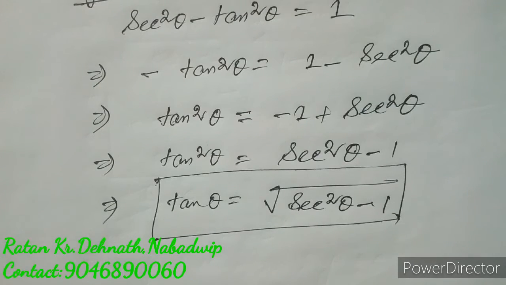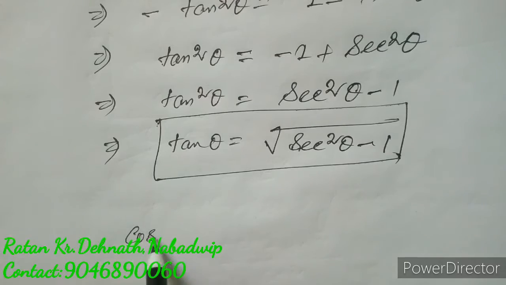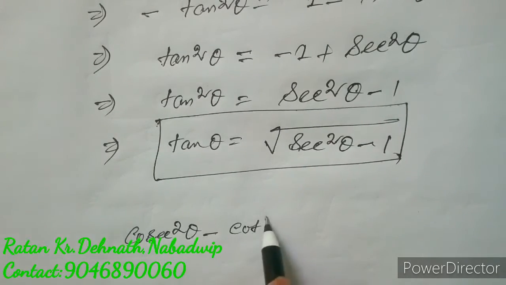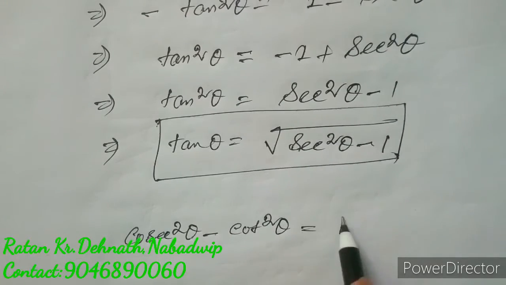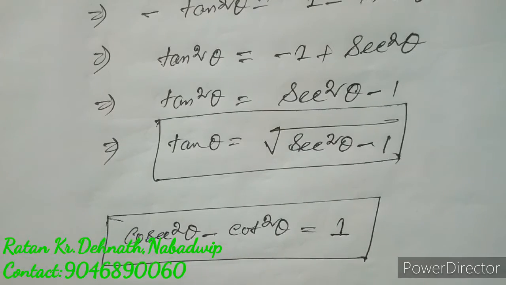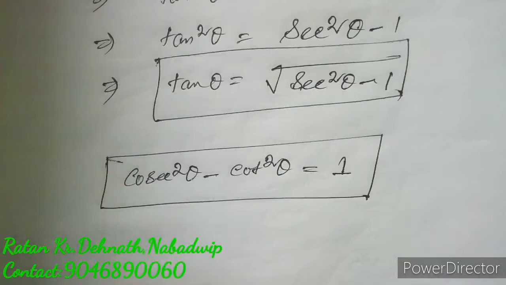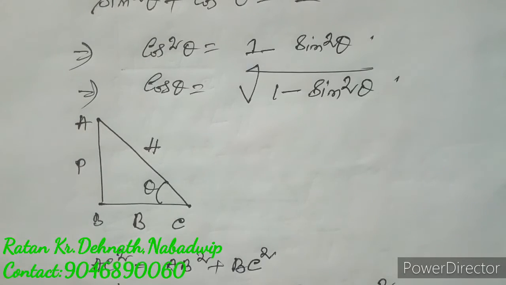Our next formula is cosec square theta minus cot square theta equals to 1. I am not going to prove this formula. You just do the same yourself by drawing the same diagram, but you have to divide by a different side.